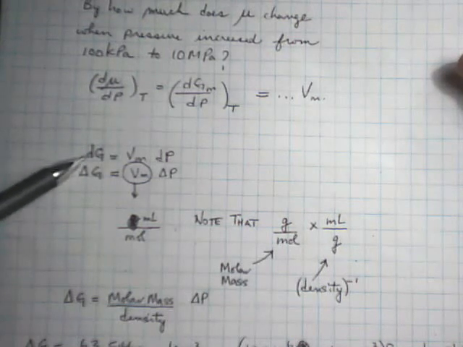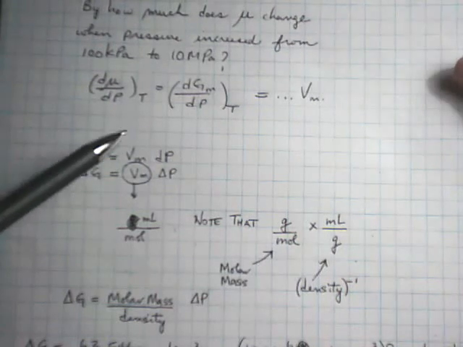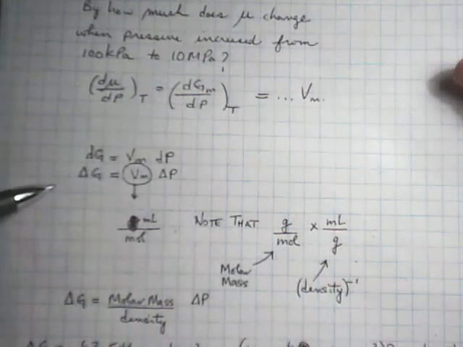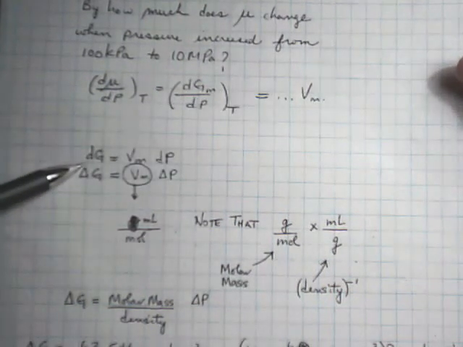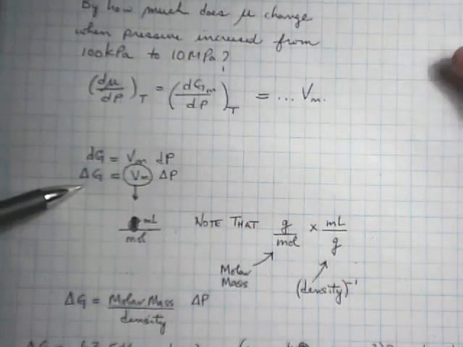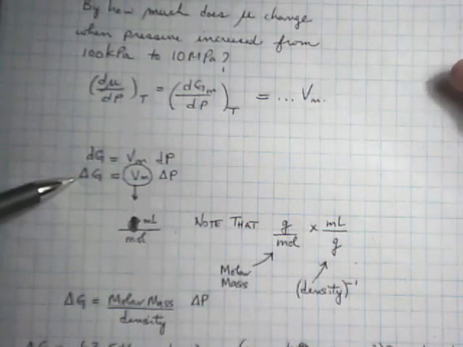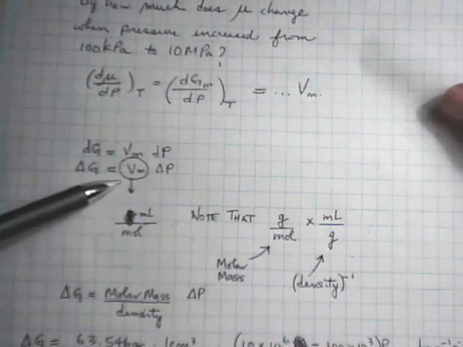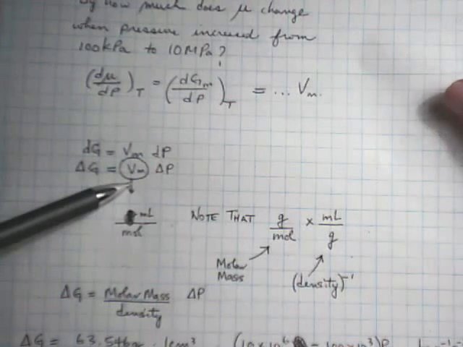So I take off the brackets and bring that up. So I get dG is equal to Vm dP. And then integrate the whole thing, and I have delta G being equal to the molar volume times delta P.